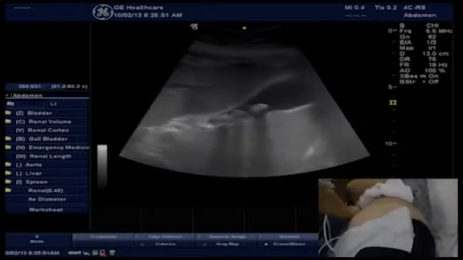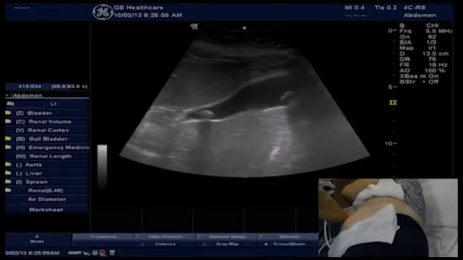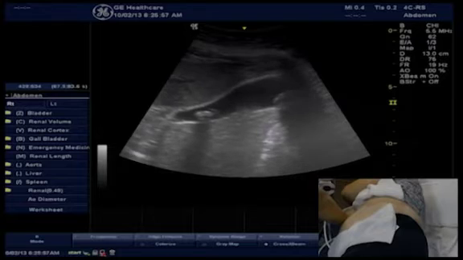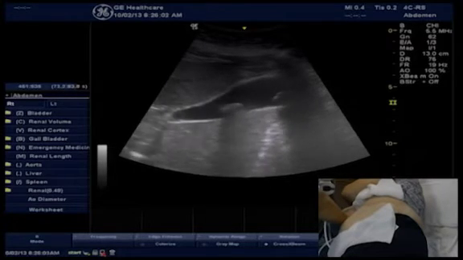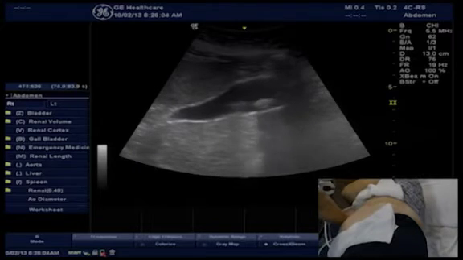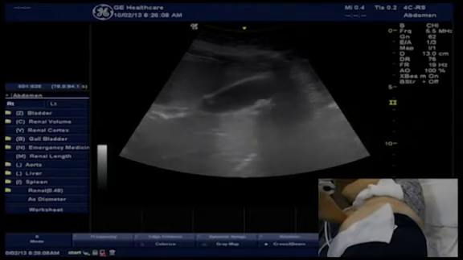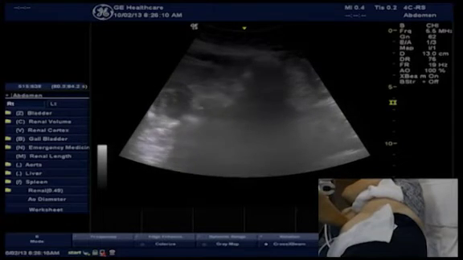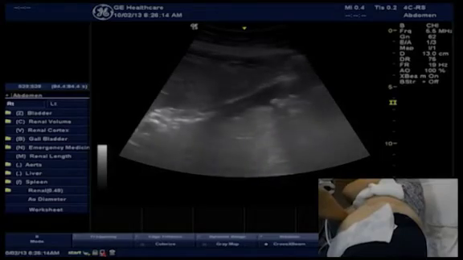Now, leaving the transducer in place, have the patient change their position to be left side up, where you can clearly see the stones rolling, sliding to the now gravity-dependent fundus. The rolling stone sign.